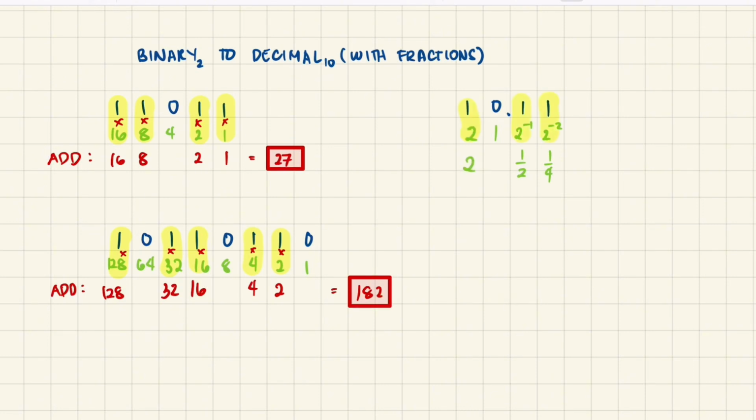So this is 2, and we're just going to write down the decimal point here. Now the first thing we'll write will be the whole number, so that would be 2. Next is we're going to add up the decimal numbers, so that's 1/2 plus 1/4, that is equal to 0.75. So this is now your answer.